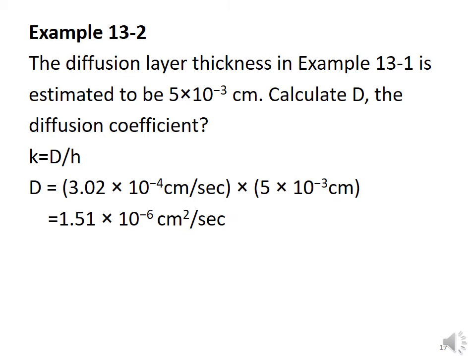Assume that we determine the thickness of the aqueous diffusion layer and it was found to be 5 × 10^-3 centimeters, what would be the diffusion coefficient? By determining the dissolution rate constant from the previous example, and by knowing the thickness of the aqueous diffusion layer, the diffusion coefficient can be determined.